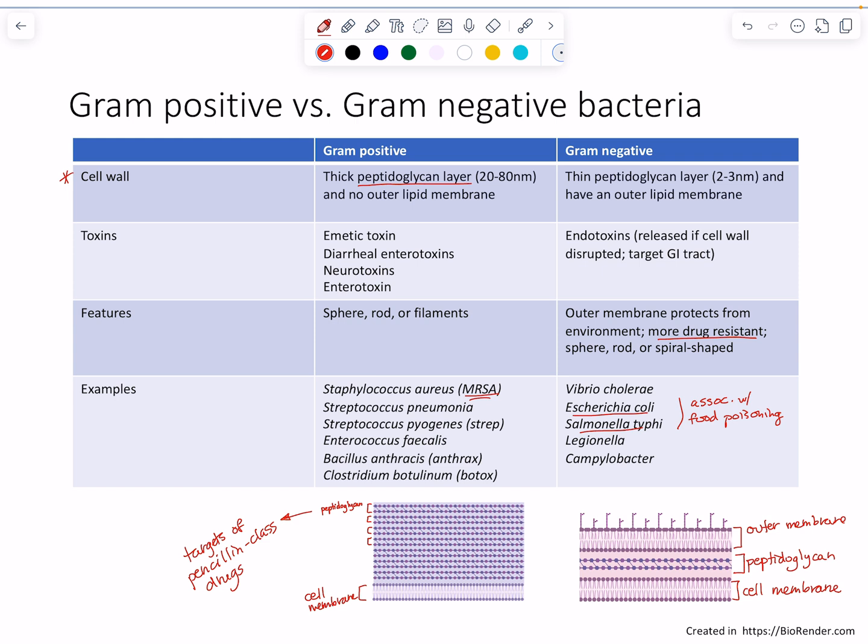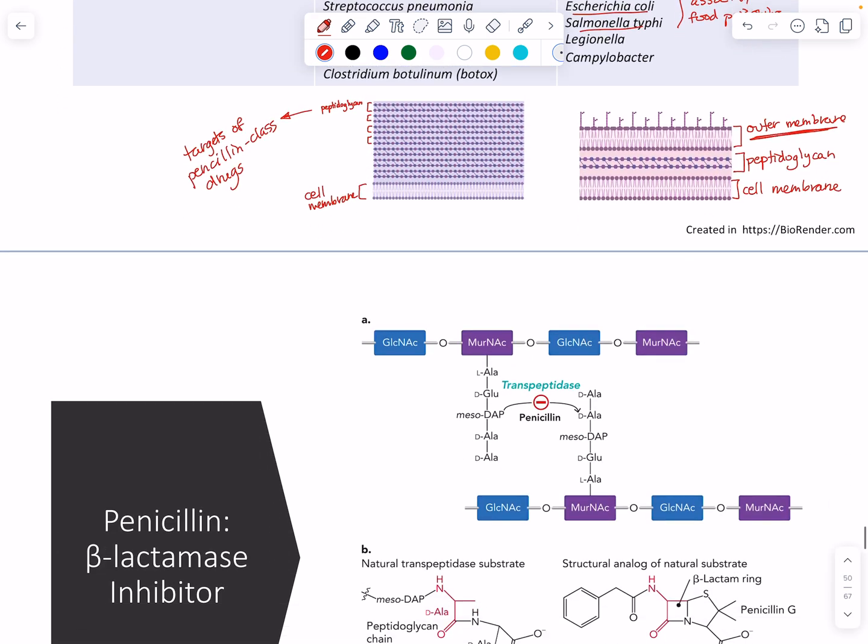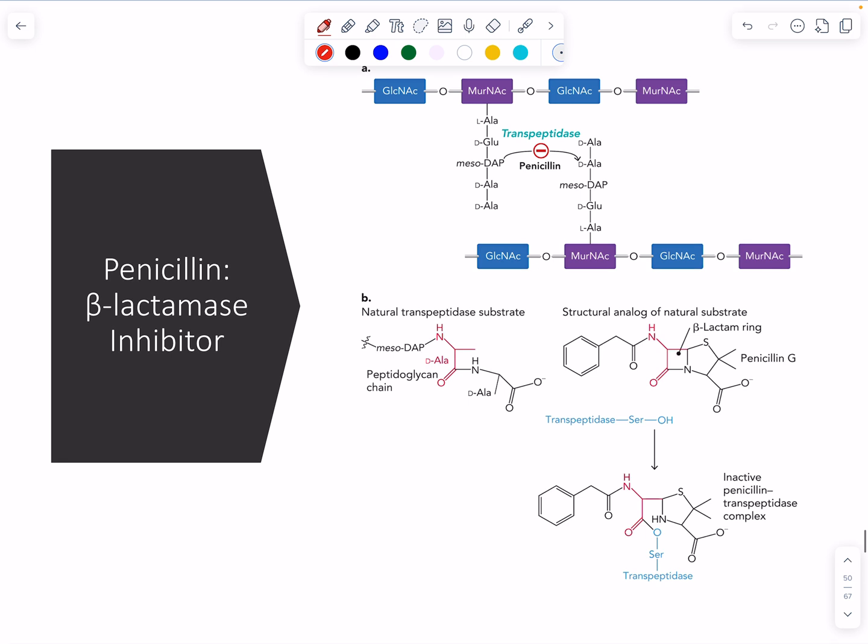This outer membrane is what protects gram-negative bacteria from the current antibiotics that we have. So that's, again, how cell walls are found in bacteria that have that peptidoglycan layer.